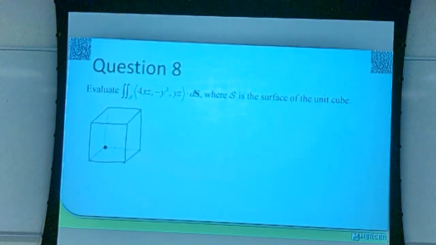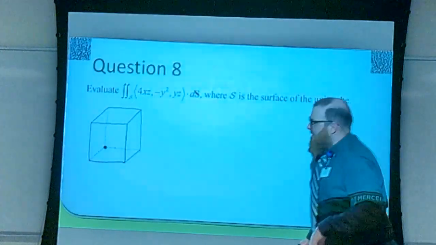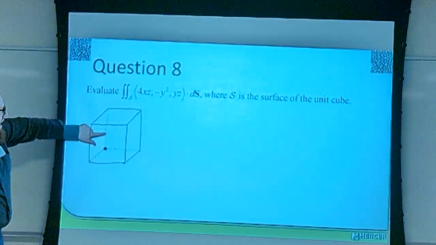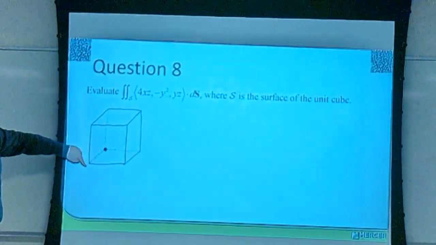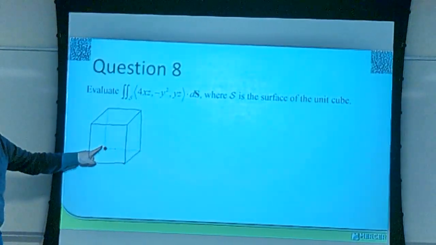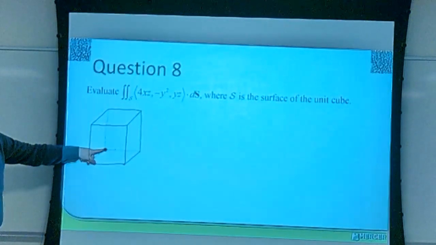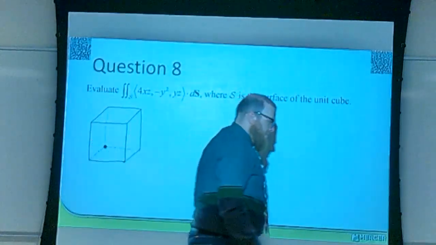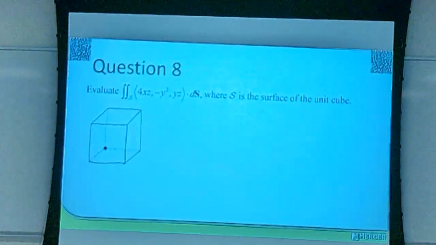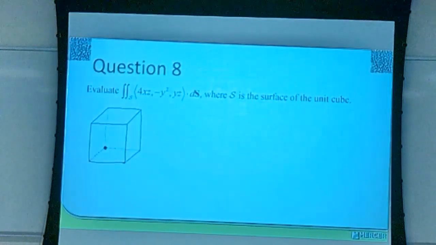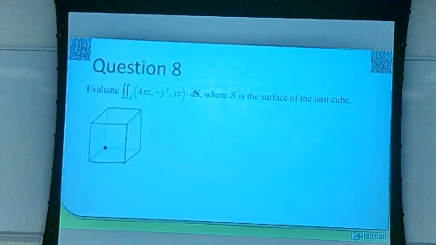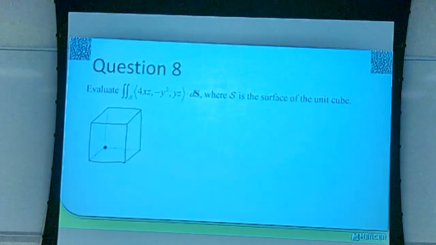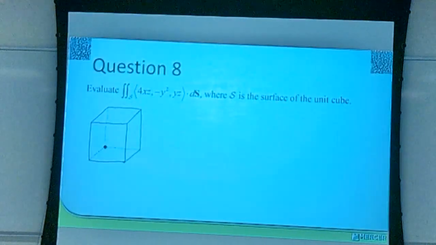It's a cube where all sides are 1, and that point is the origin. If you imagine it, that is the positive z, positive x, positive y. So it's the cube where sides are all 1 that's coming out at you. By the way, this is a closed surface, so you may also see the integral represented this way.